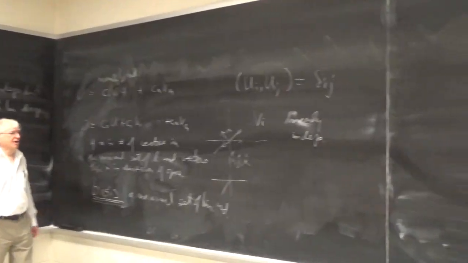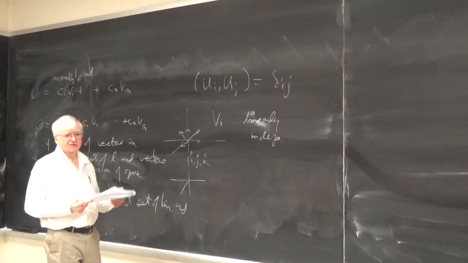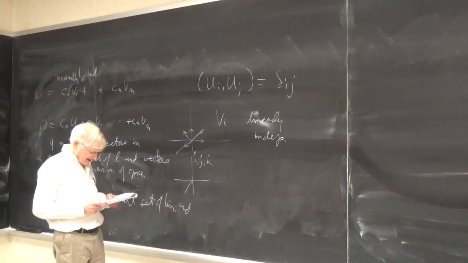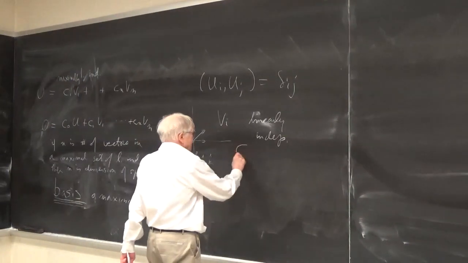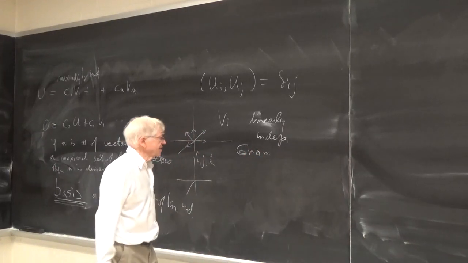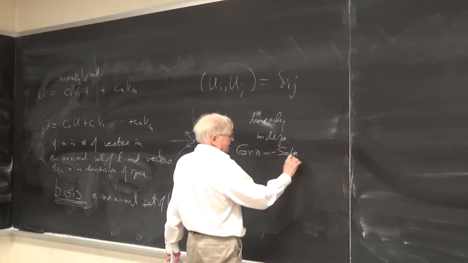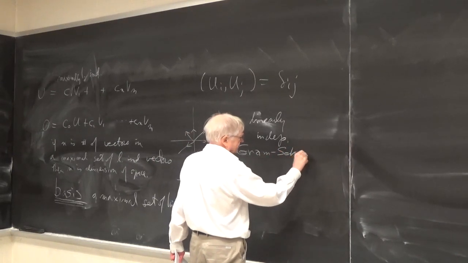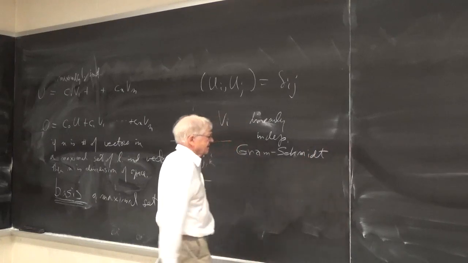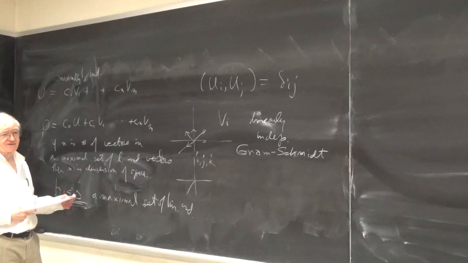We all like those vectors because then we can compute things much more easily. Now there's a standard way of taking a basis and making it orthonormal, and this is called the Gram-Schmidt method. And there are, of course, at least 6 ways of spelling Schmidt.